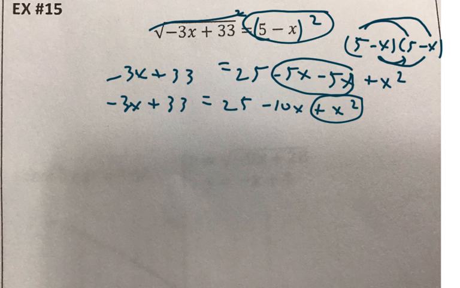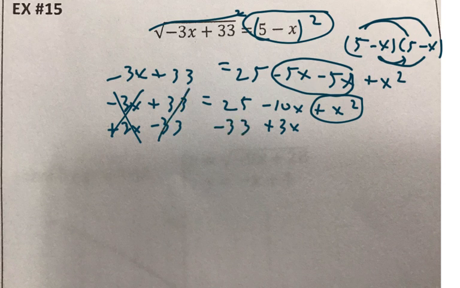Well, let's get it all together. I'm going to add 3x to both sides. 3 minus 3 is now 0x. I'm going to subtract 33 from both sides. 33 minus 33 is also 0.